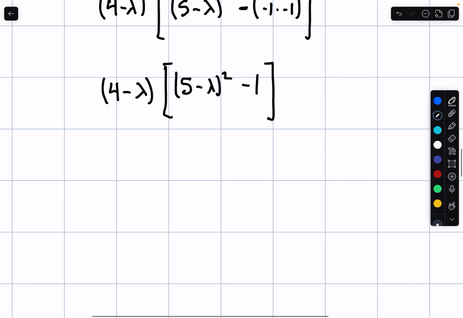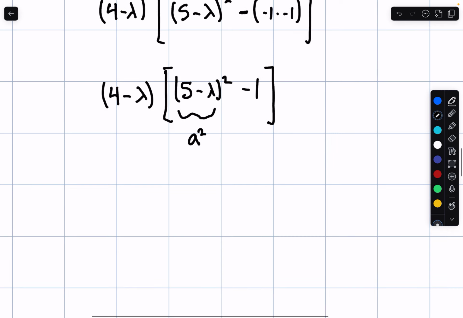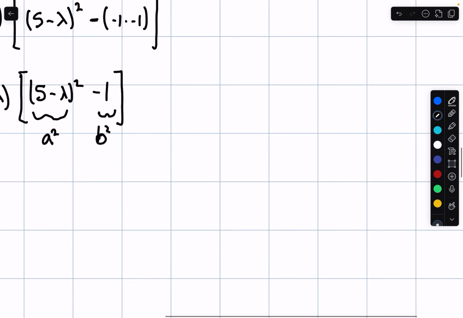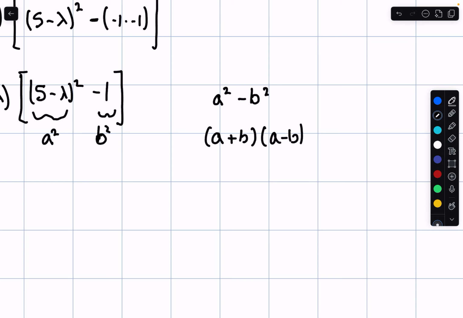Or an easier way to do this is to notice that this is a squared number and this is a squared number, and so we can use difference of squares. So a squared minus b squared is the same thing as a plus b times a minus b.